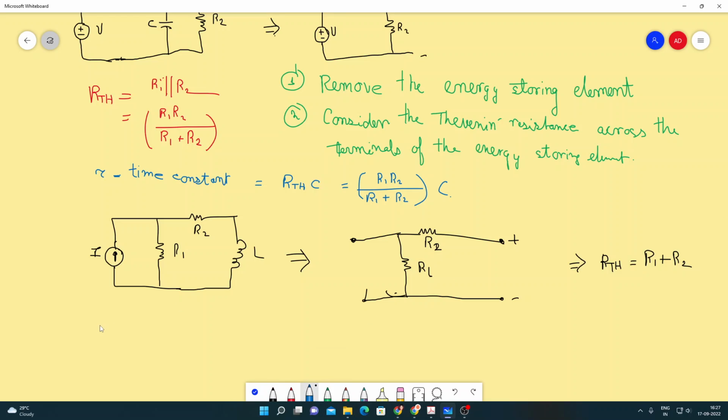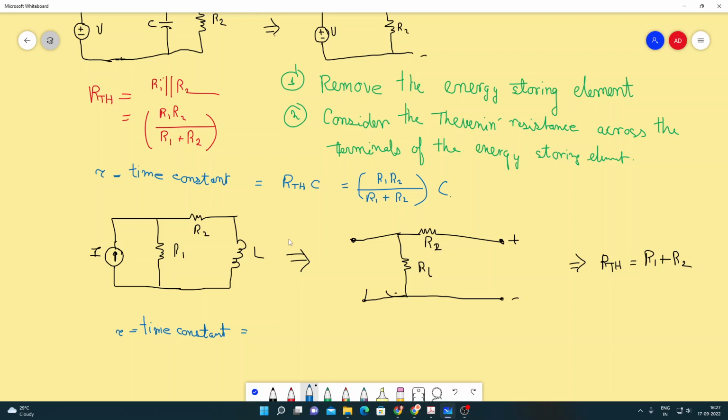Hence tau, that is the time constant, equals, what is the time constant in case of inductor and resistances?